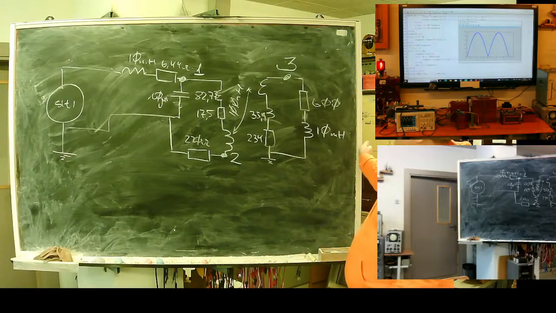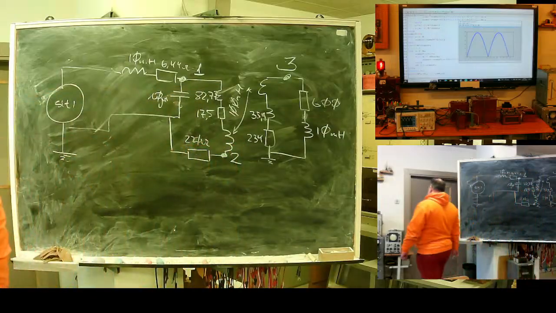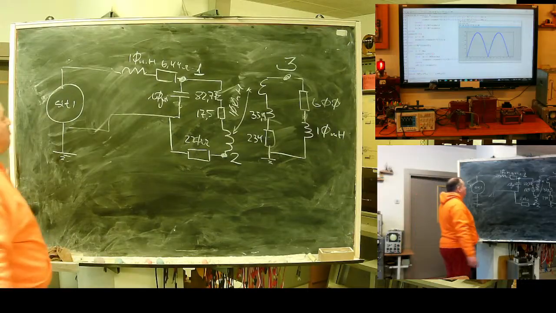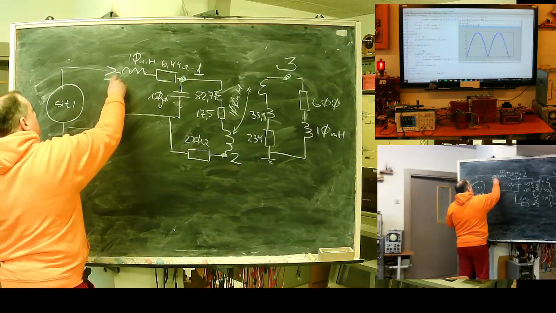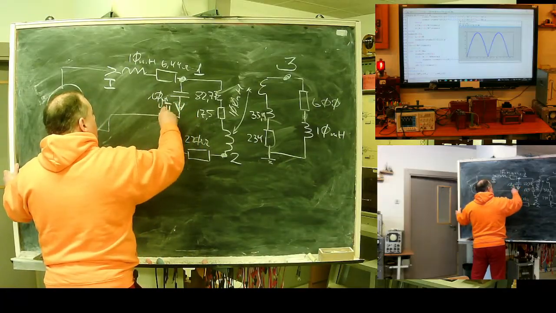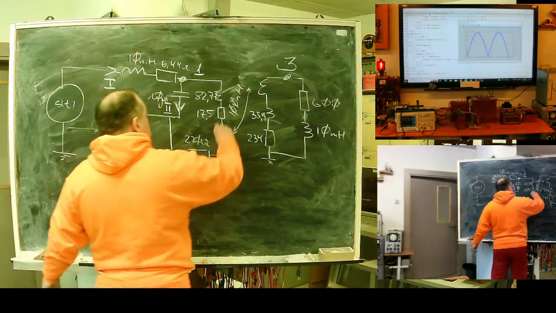Here is my node numbers. I need to assign numbers to all nodes except the base node. Next step, branches. I need to assign numbers to my branches, and that's not all. I will need to set directions.